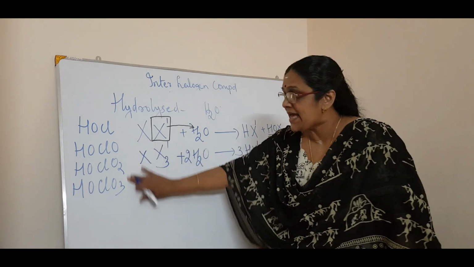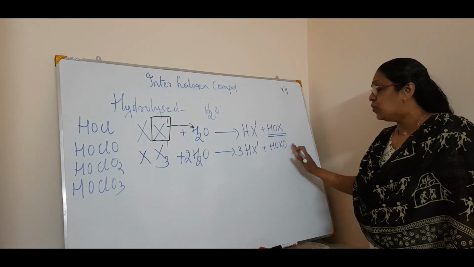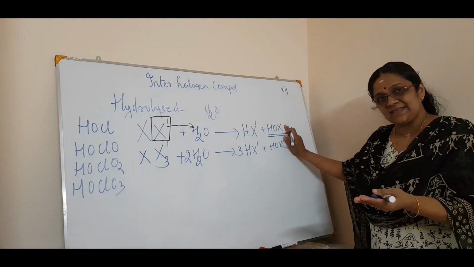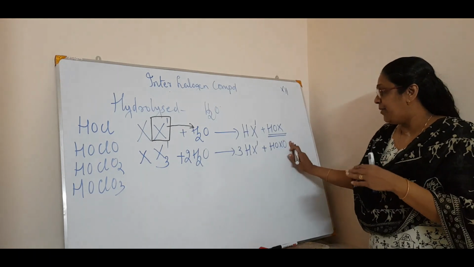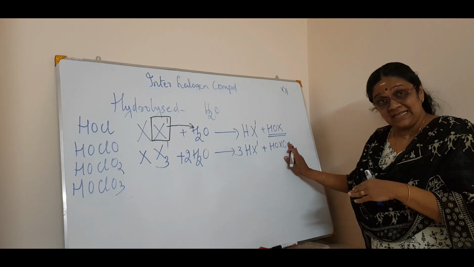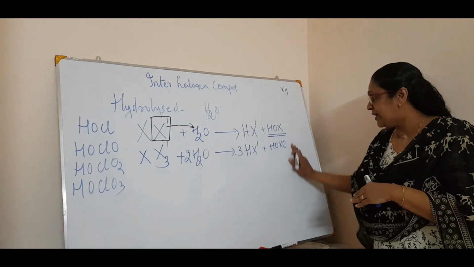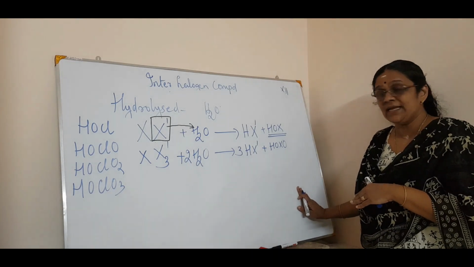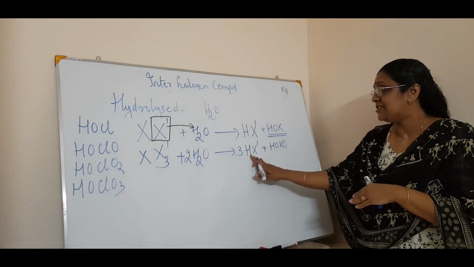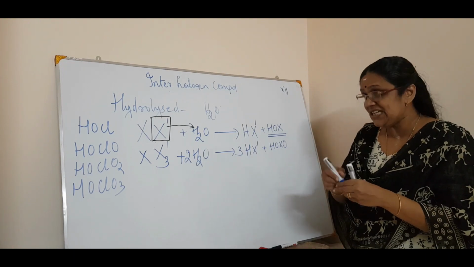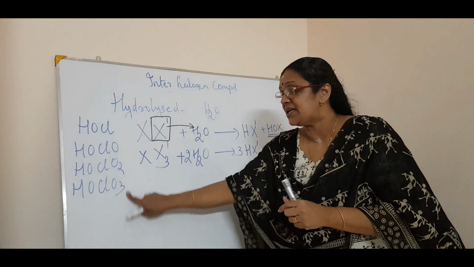The same acid you are getting as 1, 2, 3 and 4. That is hypochlorous or hypohalous, then perhalous, halic and perhalic. So these 4 types of acids you are getting along with the hydrogen halogen acid. So it is very easy to remember. You can connect with yesterday's portion.